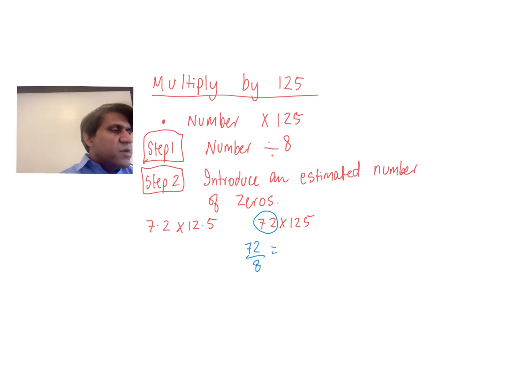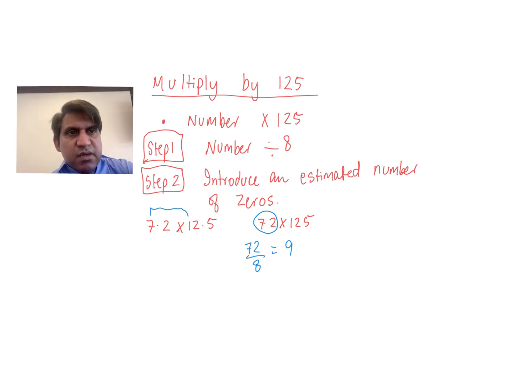So what do we get when we divide 72 by 8? We get 9. Now we've got to introduce a certain number of zeros to get our answer. So 7.2 times 12 and a half. Now if I were just doing 7 times 12, what do I get? I get 84, right?